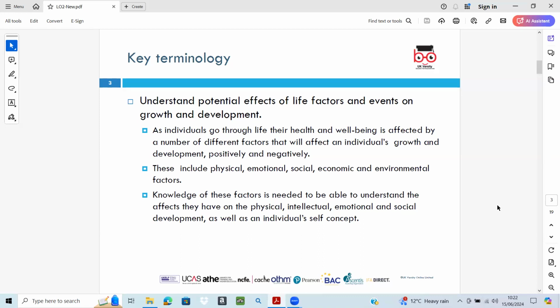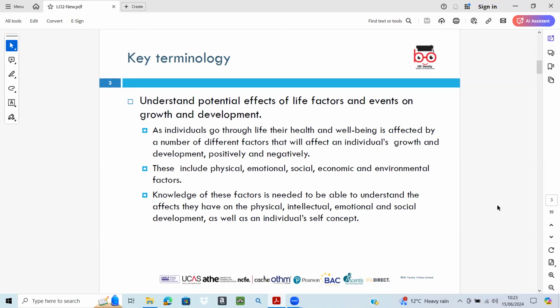Emotional factors involve the feelings and psychological state of a person. For example, a high level of stress can negatively affect mental health, leading to conditions such as anxiety and depression. If we talk about relationships, positive relationships or emotional support from family and friends can enhance self-esteem and emotional stability.